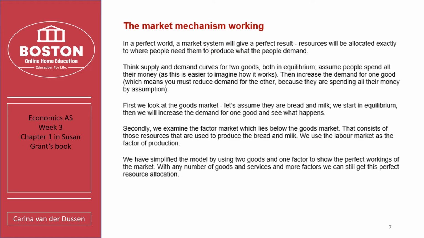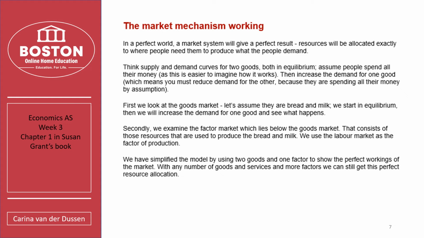Now I have an example of the market mechanism working. And this is where we look at how the market decides on price and on quantity demanded. Right. So again, we are going to use a very simple economy.